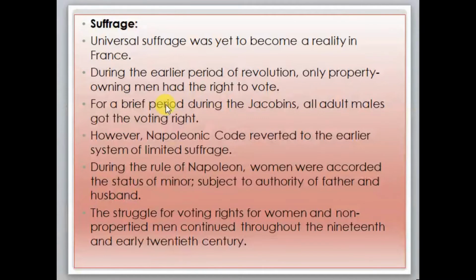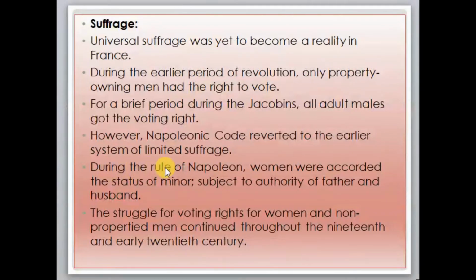Men without property and all women were excluded from political rights. Only for a brief period during the Jacobins, all adult males enjoyed suffrage. However, the Napoleonic Code reverted to the earlier system of limited suffrage.